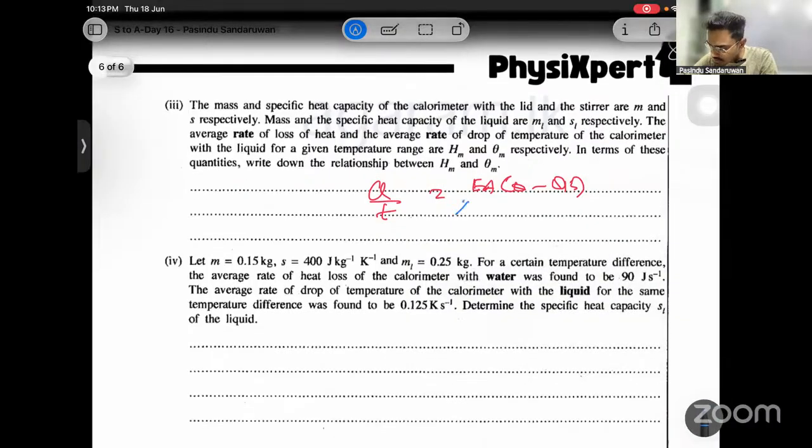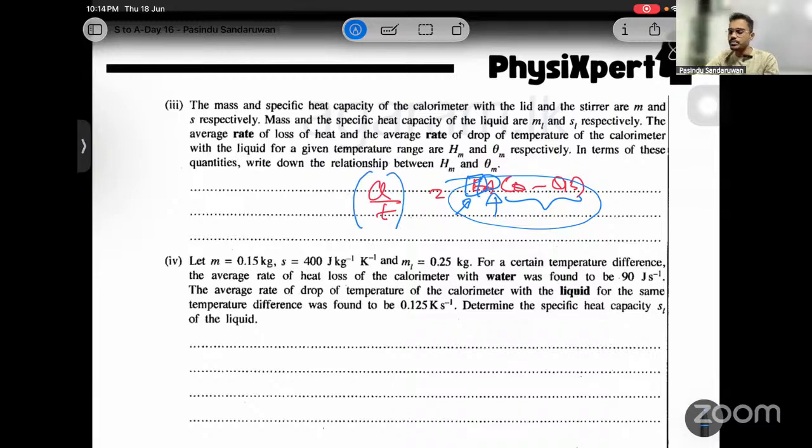E is constant since the same calorimeter is used. A is constant because both liquid and water are filled up to the same level. And theta minus theta R should be constant because we are doing the experiment in the same temperature range. If all the right hand side is equal, Q over T should be equal.